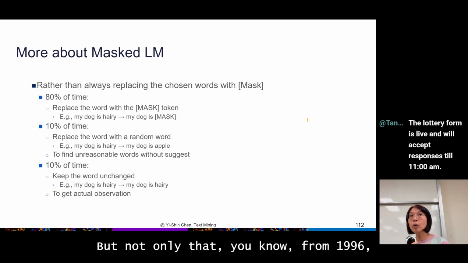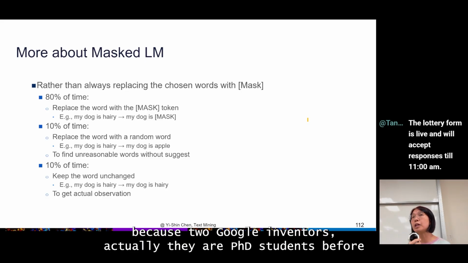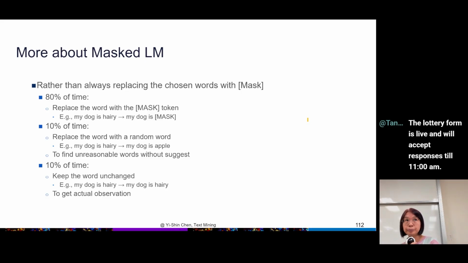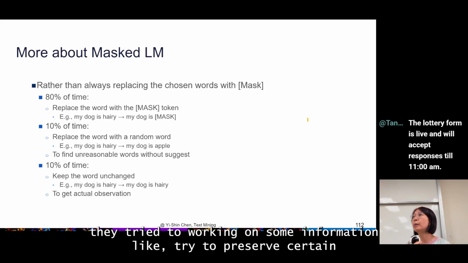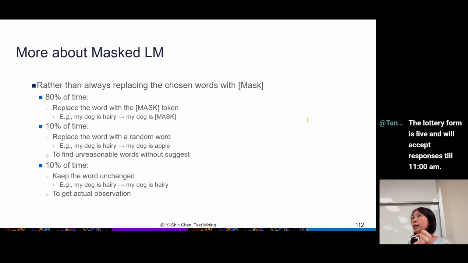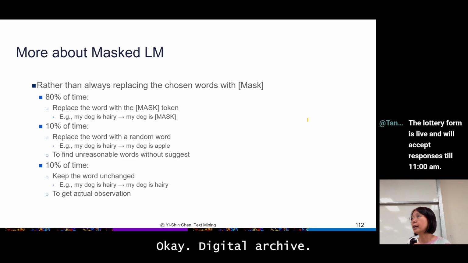But not only that. From 1996, Google probably started, I don't remember exactly, because the two Google inventors were PhD students at Stanford. What they did was work on trying to preserve certain information in a digital way, a digital archive.